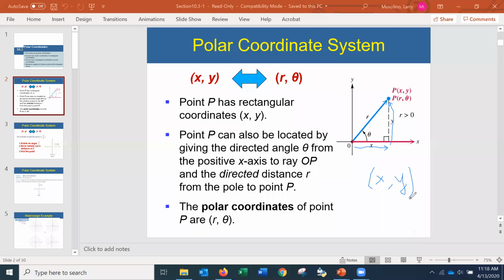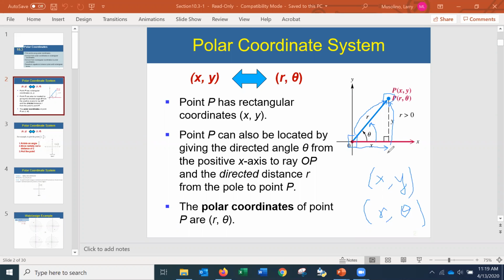But what's new is instead of writing it as XY, we're going to write it as r comma theta. What that means is ask yourself, what angle would you rotate in order to get from the origin to that blue dot? And then how far would you have to travel on that straight line distance to get to that blue dot? All right, so theta is the angle of rotation. R is the straight line distance.